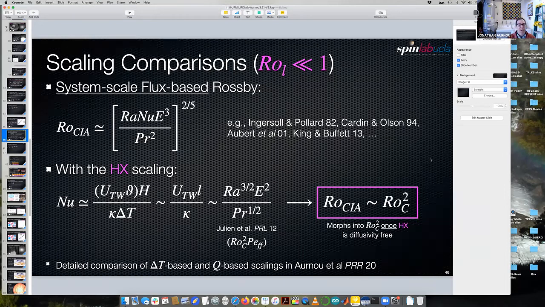And so if you look in the data, ROC squared isn't so much in the velocity data, but the heat flux-based scaling works great. That's because in the bulk, you already have the CIA triple balance, but in the actual experiments, you don't hit the diffusion-free heat transfer law numerically or in the lab because you have boundary layers you can't get around.